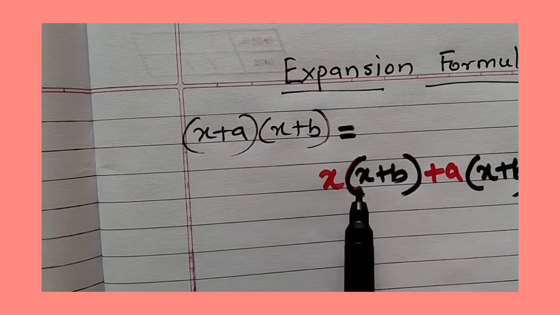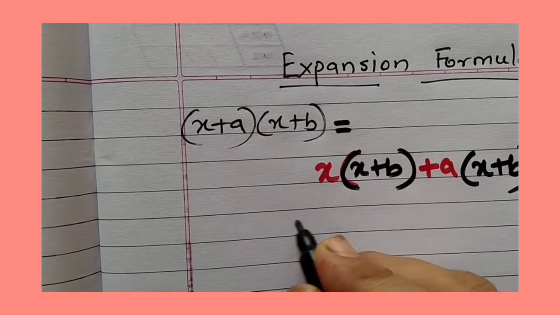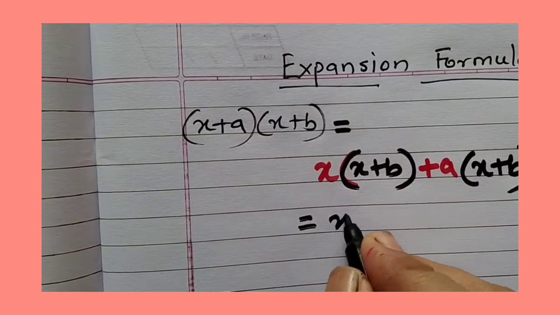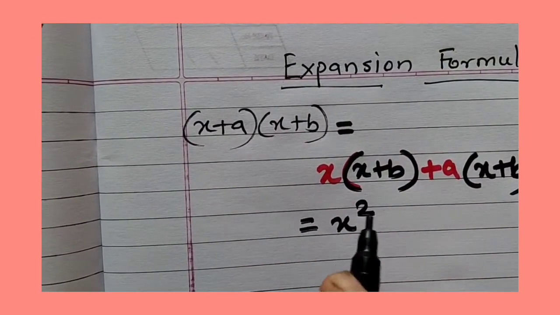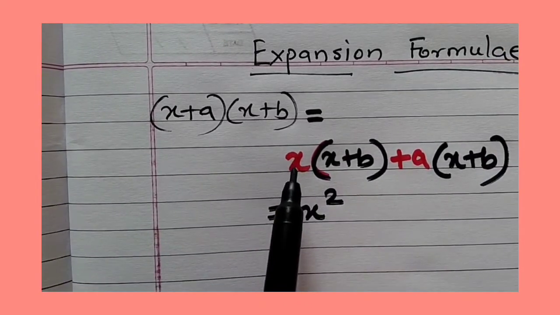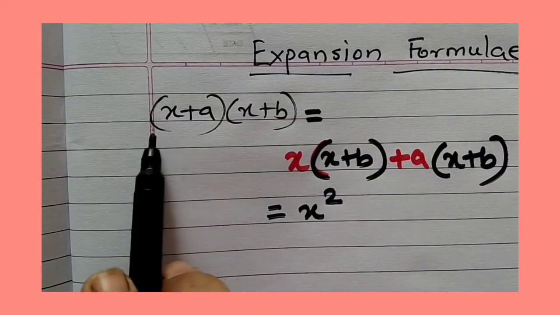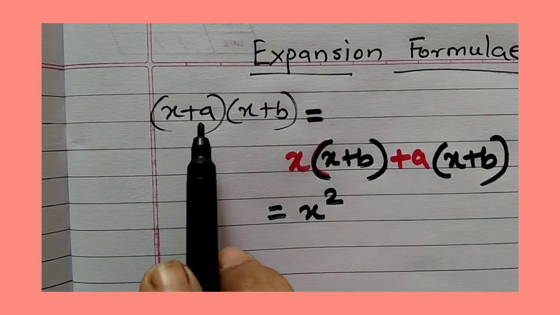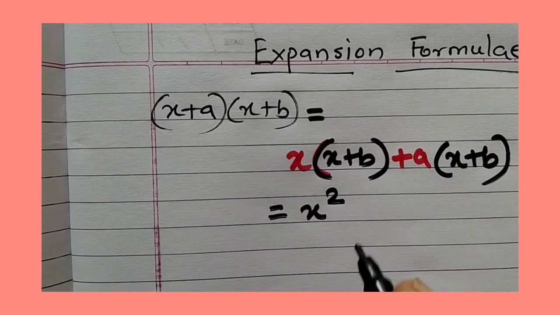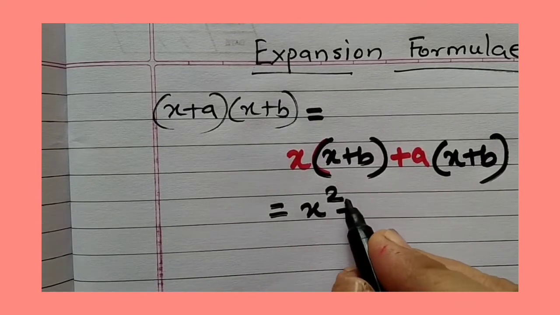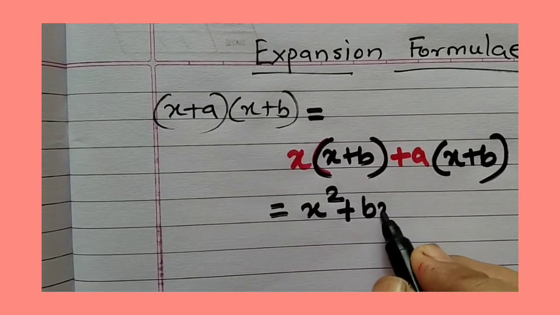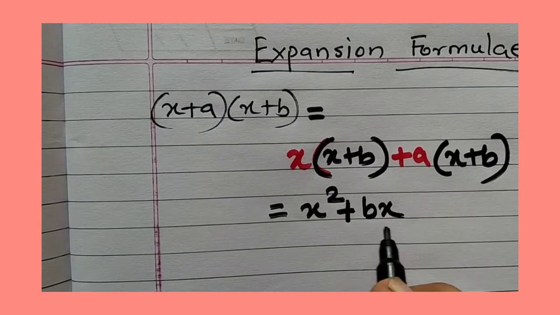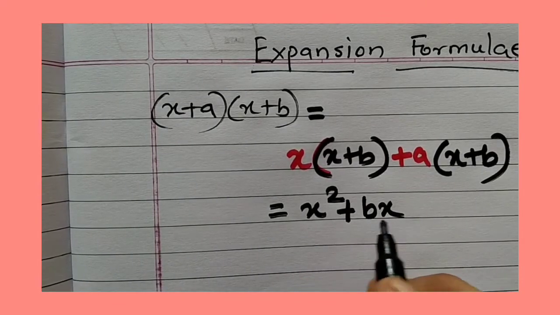So x into x will give us x². We take this x multiplied by x + b first, then this a multiplied by x + b. So this will be x² + bx, or xb. You can write either bx or xb, it is the same.